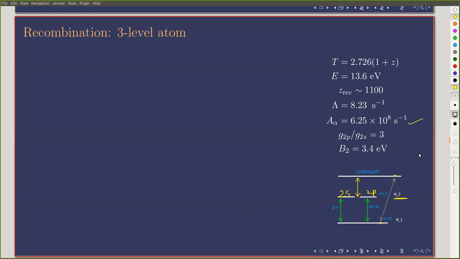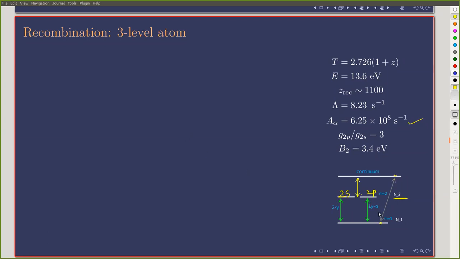However, the problem with Lyman alpha is that once there is a transition from first excited state to ground state, a Lyman alpha photon will be absorbed right away by another neutral atom, which means that the Lyman alpha will not cause a complete recombination that easily. It will scatter a number of times, and only when that Lyman alpha redshifts out of the Lyman alpha resonance width, you will have a successful recombination.